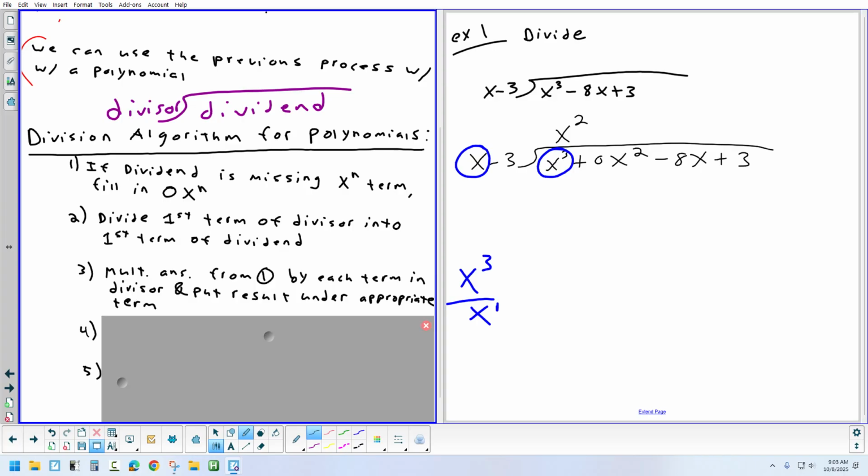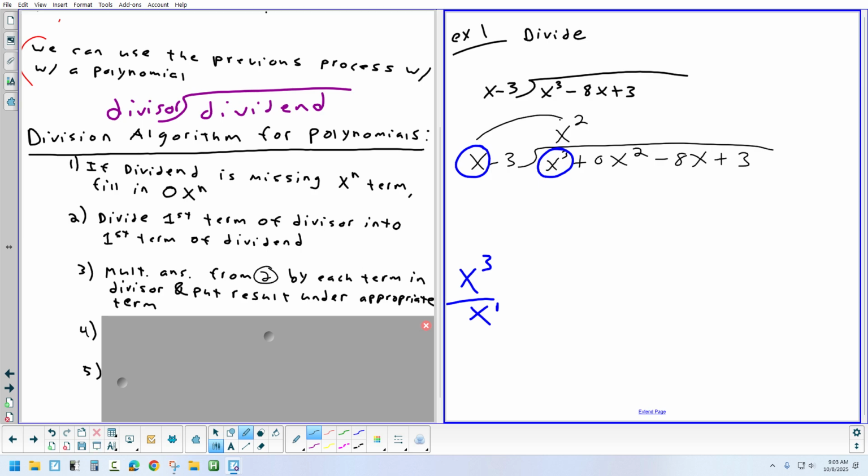Next step. You're going to take the answer that you just got in step 2, that's x squared, and you're going to distribute it back out like that. You're going to multiply it back out to each term in the divisor, and here is where you have to line up your like terms in columns.